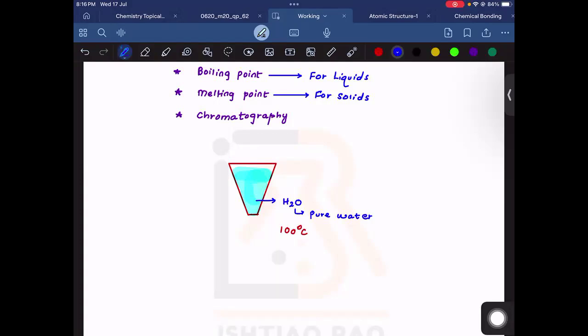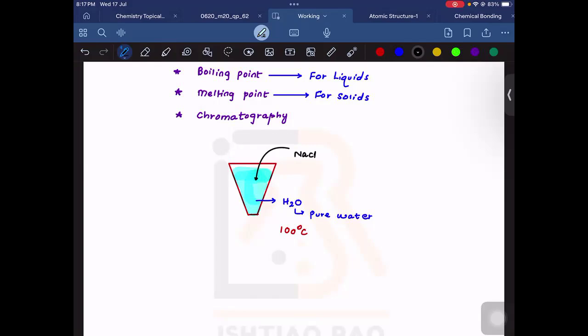If I'm going to add any impurities, such as sodium chloride, obviously this is an impurity. Anything extra, let's suppose the formula for water is H2O.